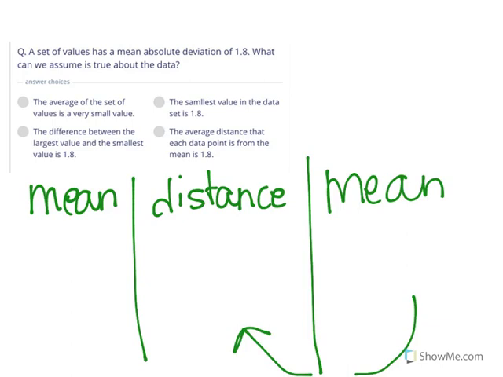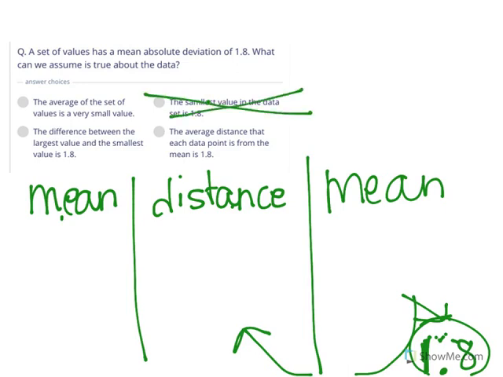So if I'm looking for mean absolute deviation, that means my 1.8 is way over here. That means the average of my distance from my mean is 1.8. It does not mean the smallest value is 1.8. That's not what it means.